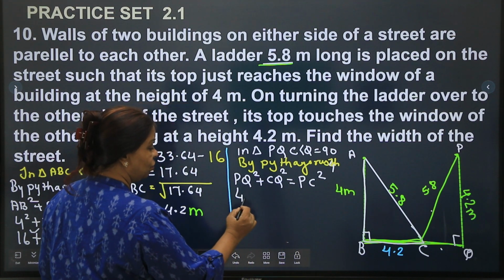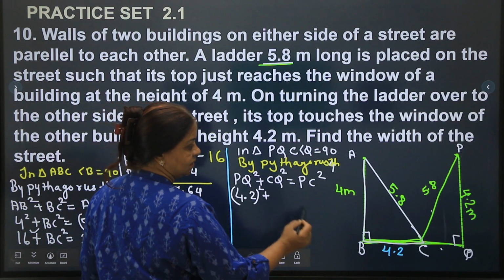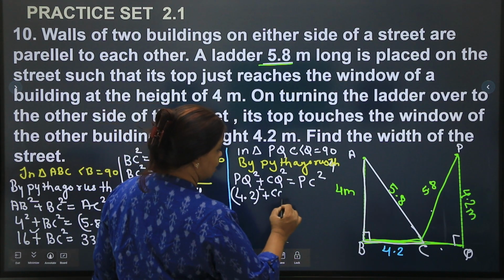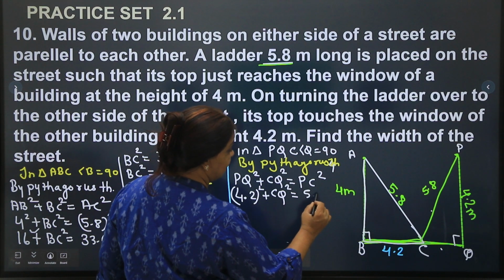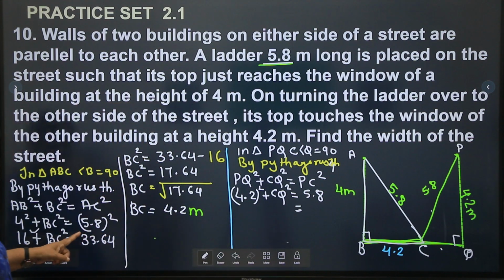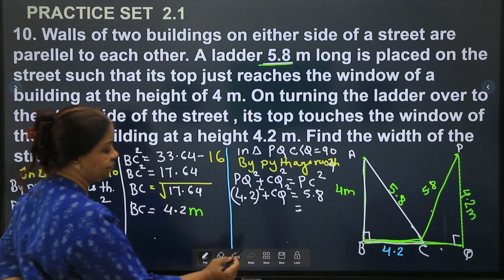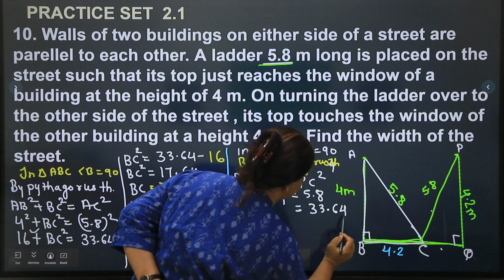PQ is 4.2 square plus CQ square is equal to PC square. PC is 5.8 and 5.8 square we have already done here, 33.64.